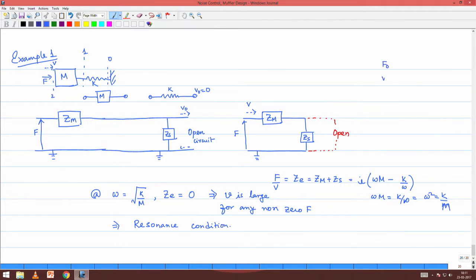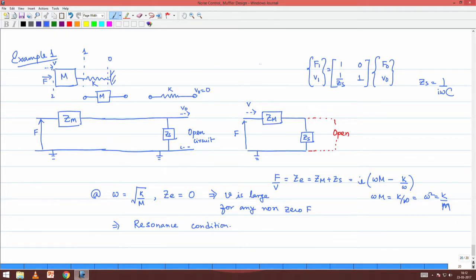So, F0 V0 is going to be related to F1 V1 by a spring element, and the transfer matrix for that is going to be [1, 0; 1 by Zs, 1], where Zs is 1 by j omega C, capital C. This is the transfer matrix relating the variables between station 0 and station 1.